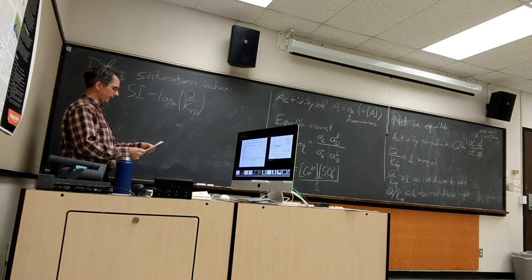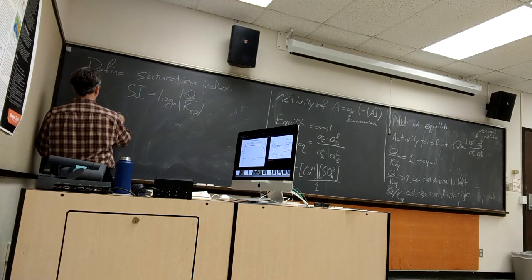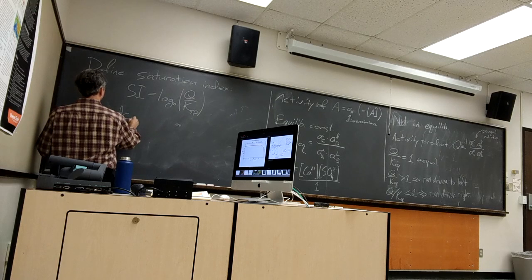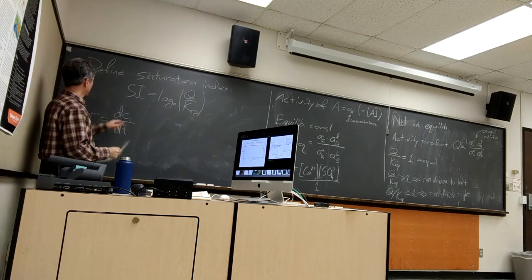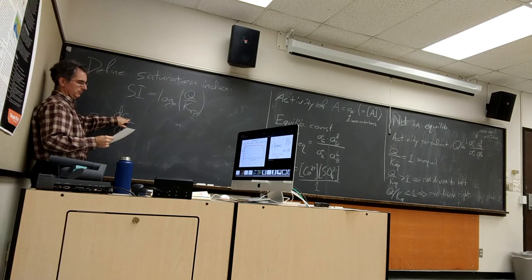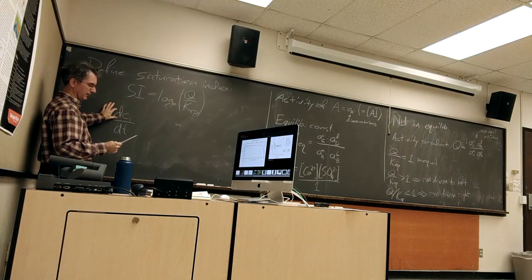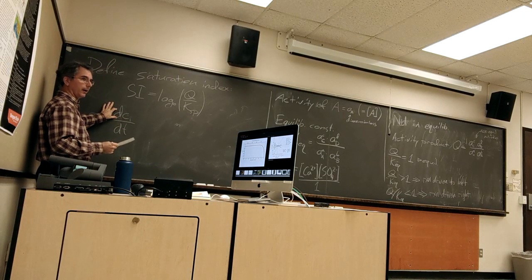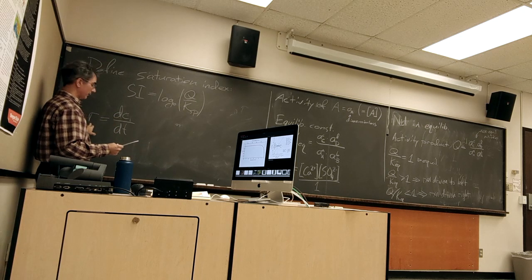For what it's worth, if the reaction rate is defined as the change in concentration with time of element I, so dCi would be a change in concentration of solute I, and dt is change in time, and that's our reaction rate.